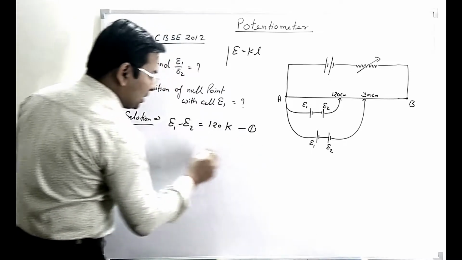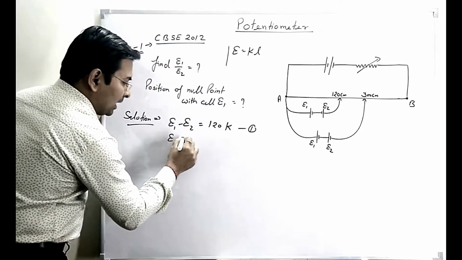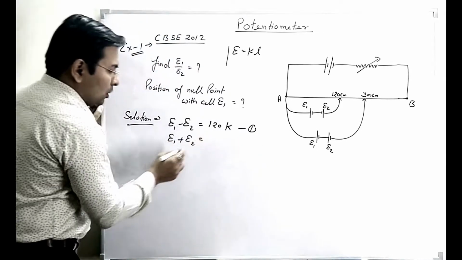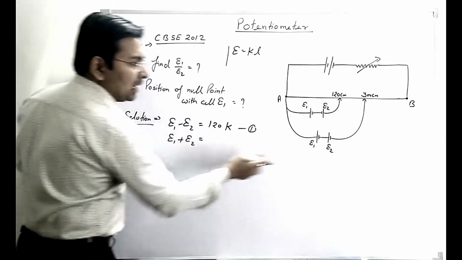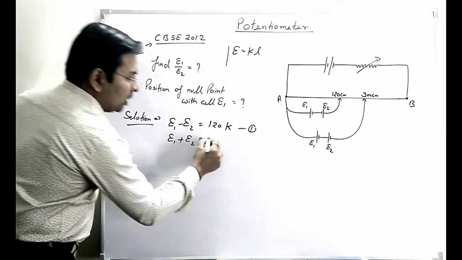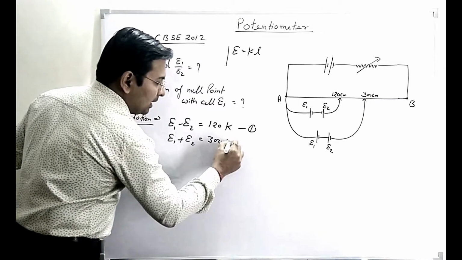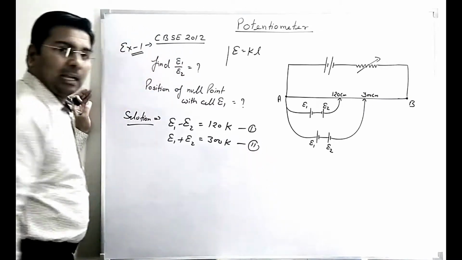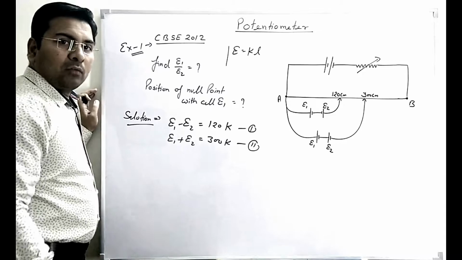Now in the second position the two cells are providing current in the same direction, so net EMF is simply E1 plus E2, and this is equal to 300 K. Second equation.